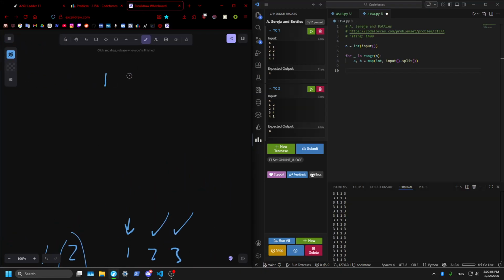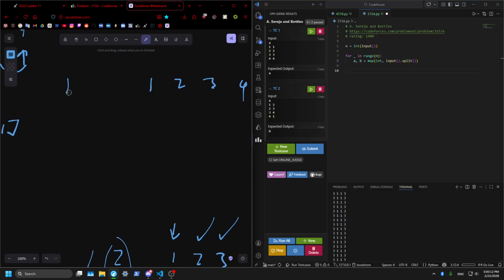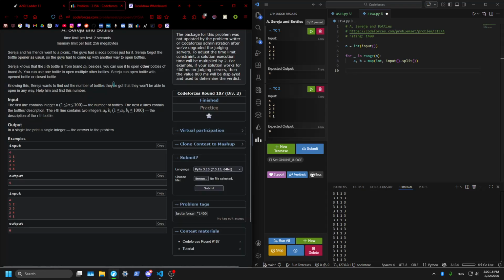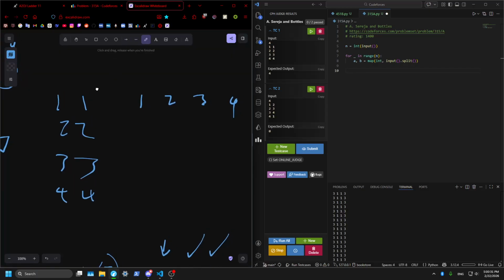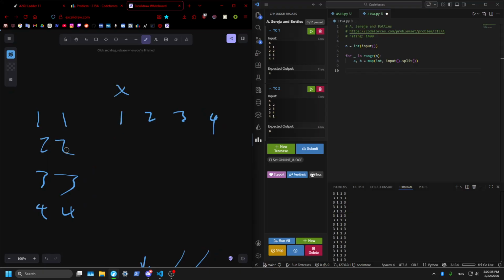We have 1, 2, 3, 4, and then 1, 1, 2, 2, 3, 3, 4, 4. You can use it to open other bottles, not itself, basically. So is there anything that opens 1? Itself. So this doesn't work.